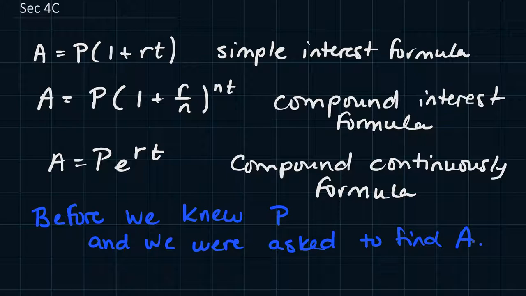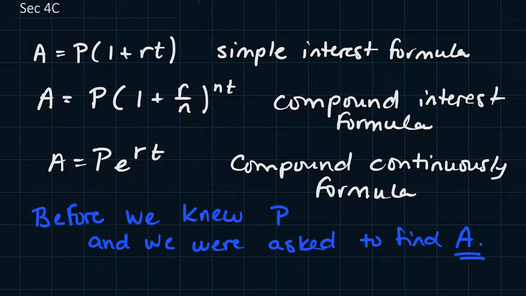If you were compounding continuously or compounding just a certain amount of times a year, you would be given an n, and you would be given an amount of time. But the biggest thing from these formulas was you needed to find A. That was your goal for all of the problems.